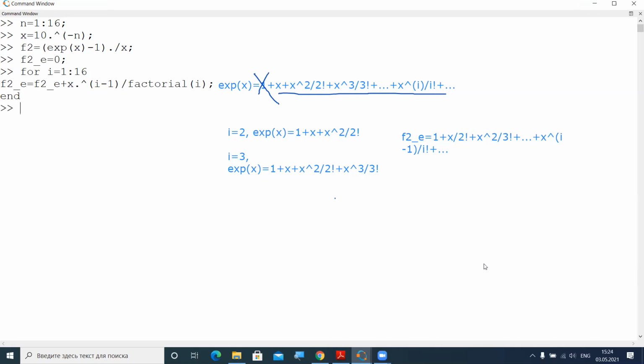Okay, now here we have the relative error. This is not f2, it is f2e. Just change it and find this table now, ER2, here e. So let's show the result.